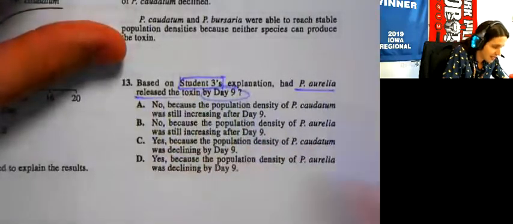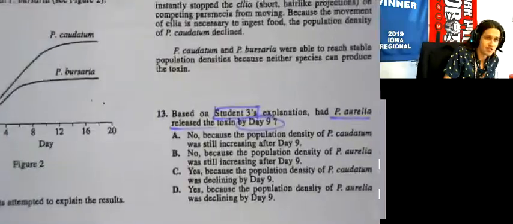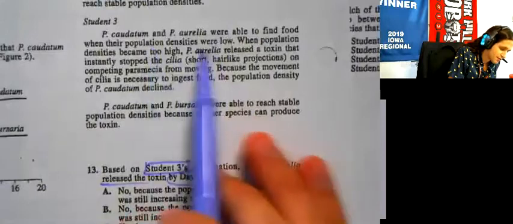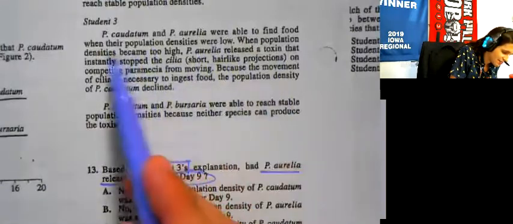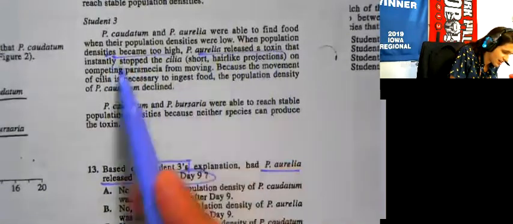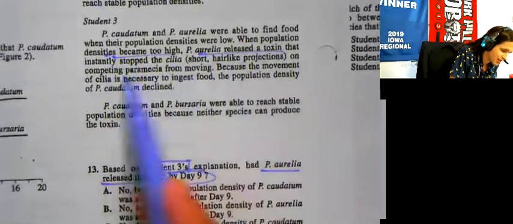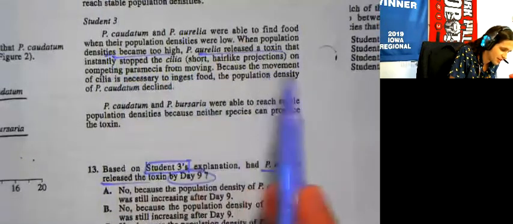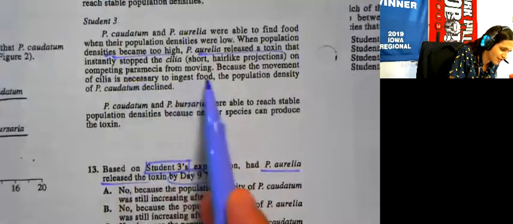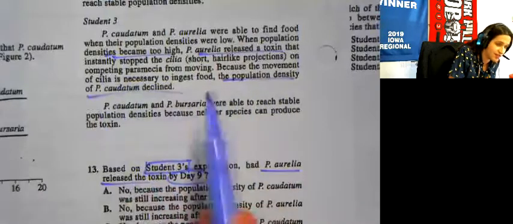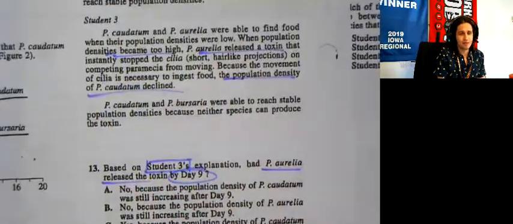To student 3's explanation. Had P. aurelia released the toxin by day 9? Okay, well, I don't know. Student 3, what's student 3 say? When population densities became too high, P. aurelia released a toxin that stopped the cilia on the competing paramecia from moving. Because the movement of cilia is necessary to ingest food, the population of this thing declined. So is caudatum going down on day 9?